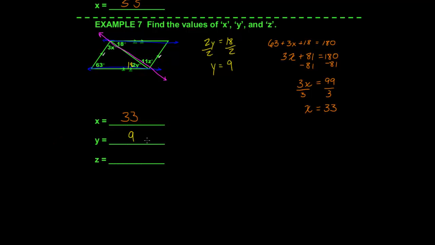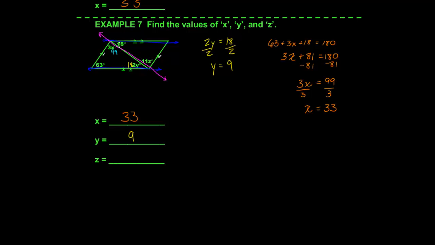And now we need to solve for our z. Now we're going to go back and we know what x equals. X equals 33. So if we plug this in, 3 times 33, this angle is 99. Now we can look back and we've got our transversal cutting.